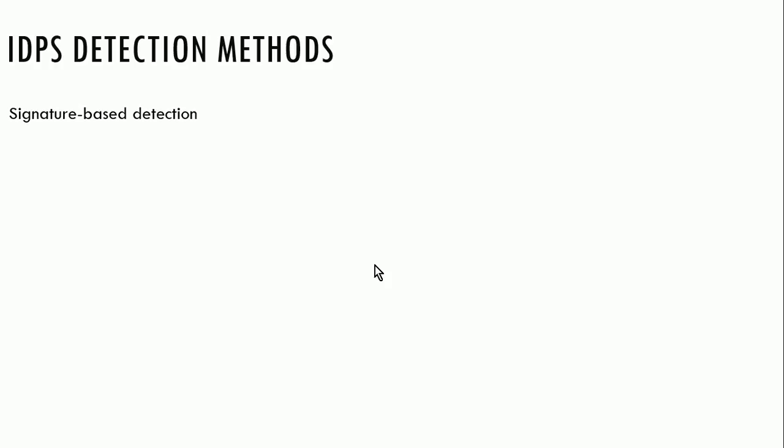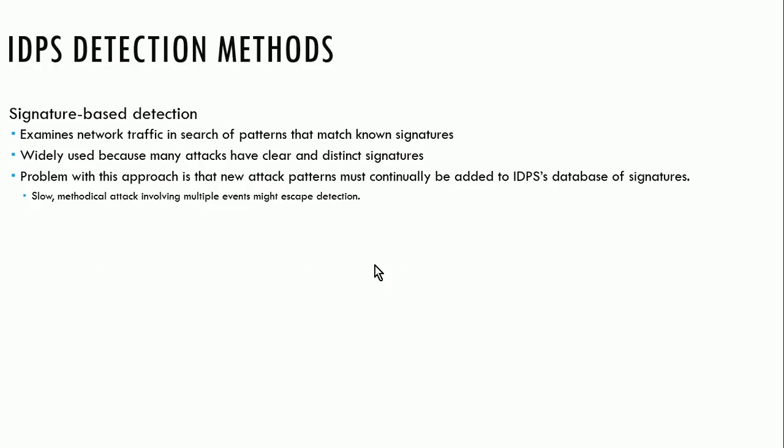So there are different detection methods. One method of detection is signature-based, where we examine either network traffic or a program itself, like an antivirus might, for patterns that match known signatures or known patterns. So ways that we know attacks happen. It's used because most attacks have a very clear and distinct signature.